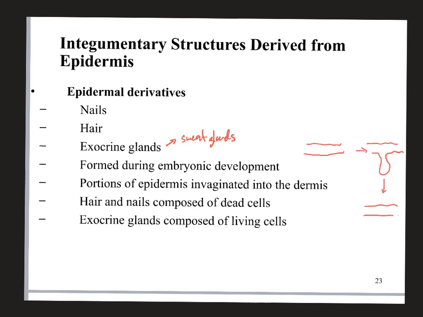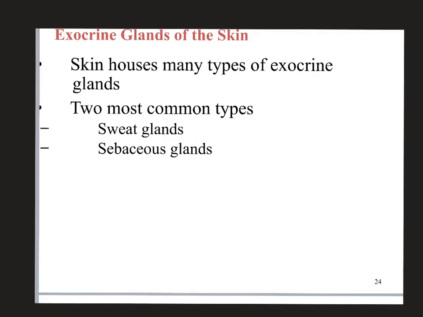Let's say a sweat gland ended up being something like this: it's coiled like that, and then you have the duct that goes out to the outside. All right, so invagination goes from there. Hair and nails are actually composed of dead cells, and the exocrine glands are composed of living cells.